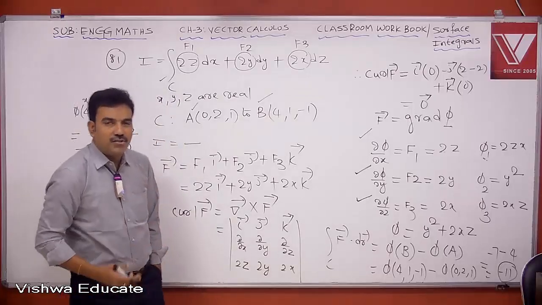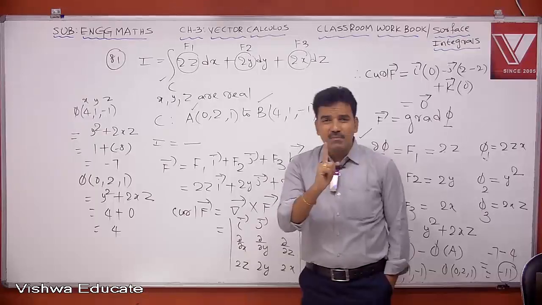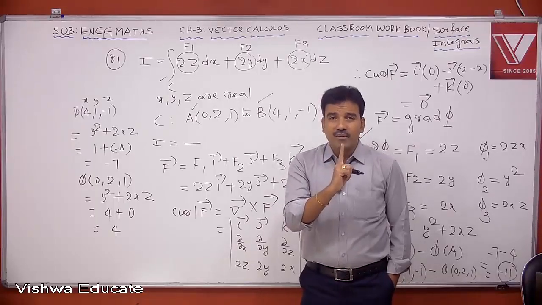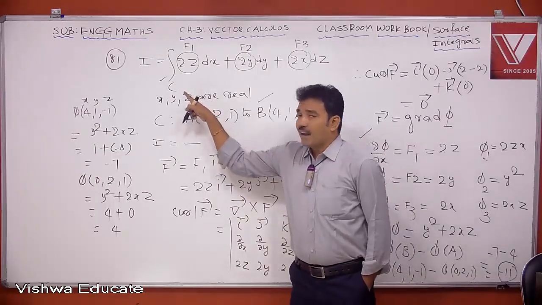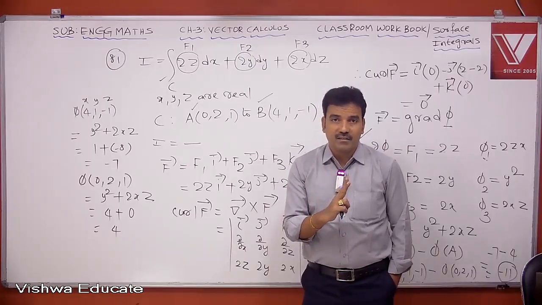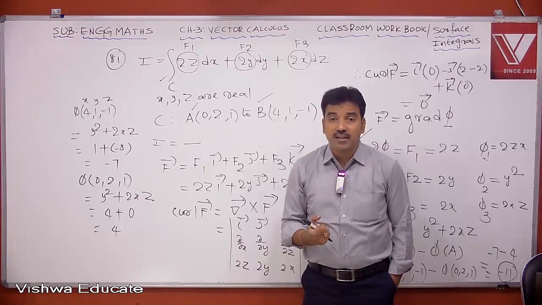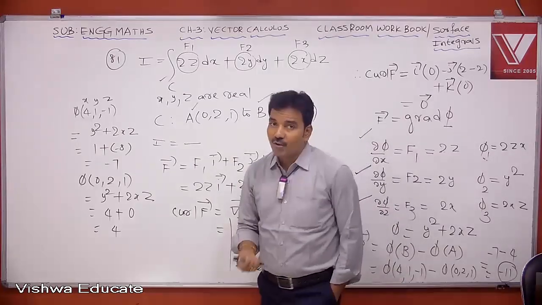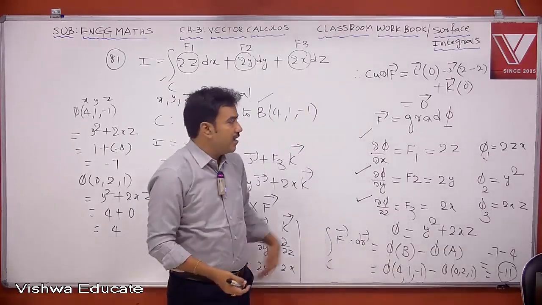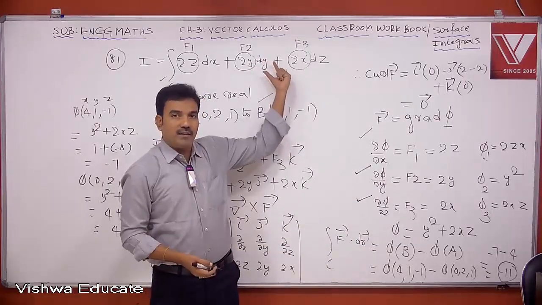So we got this by using the fundamental theorem on line integrals, right? Remember always one point: when you are trying to find a line integral, if C is a line joining two three-dimensional points, immediately find the curl of that vector. If curl of F equals the null vector, that vector must be equal to the gradient of some scalar. Now my task is to get the value of phi in terms of x, y, z. In this case, it is happening exactly. Curl of this vector is the null vector.